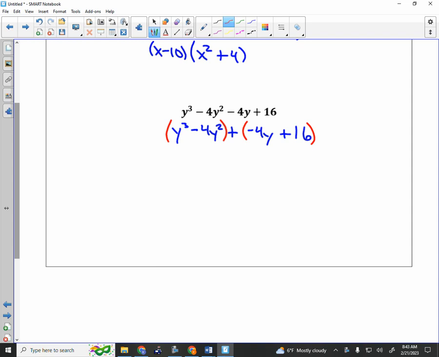What is the common factor that you can remove here? I can take out y squared, and what are you left with? Y minus 4. What is the common factor you can take out here? Negative 4. So minus 4, and you'd be left with positive y minus 4.